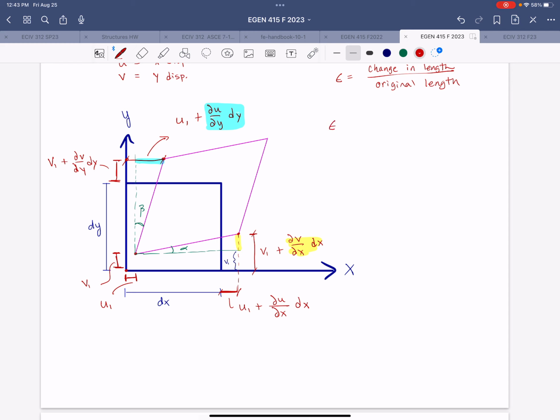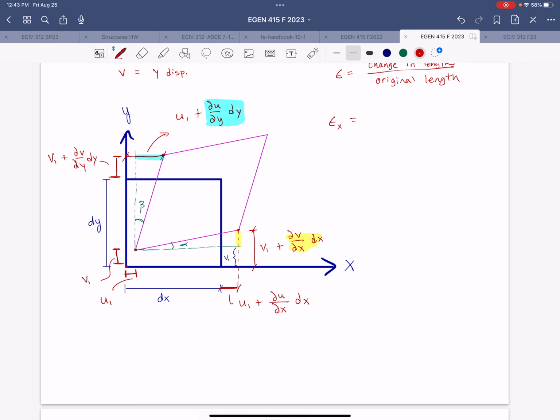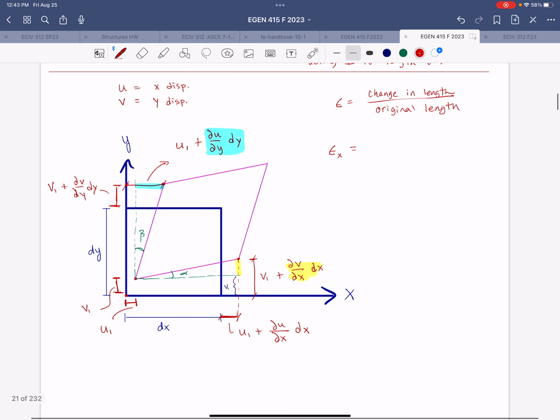We can now define our normal strain equations and shear strain in terms of u and v and x and y. All right, so the normal strain, we have the change in length divided by original length. So the change in length in x is u1 plus partial derivative of u with respect to x times dx, minus u1. We're just taking this minus this for our change in length.